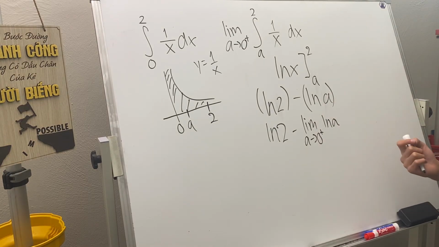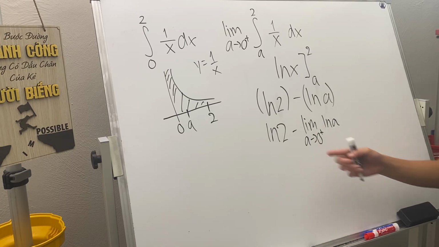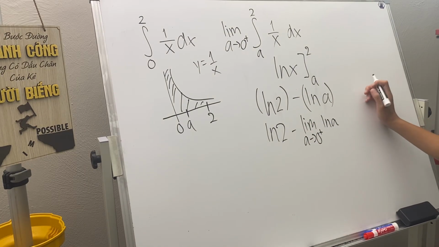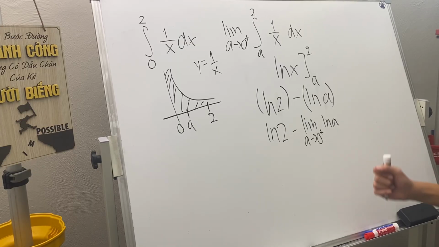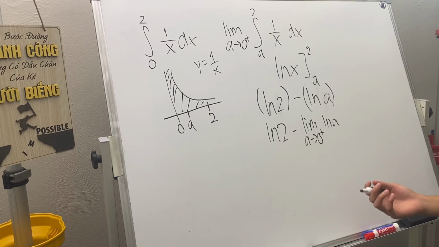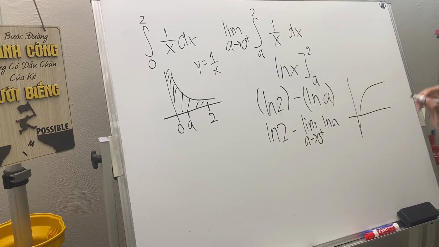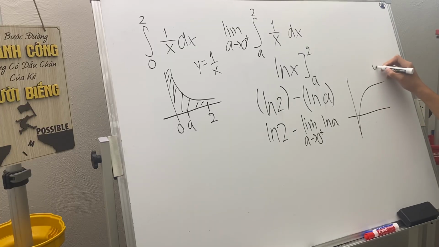What is this equal to? You plug in 0, we already said that. But since we're taking the limit from the right side, 0 plus is not 0. It's a number very close to 0. So here's the graph of ln a, y equals ln a.